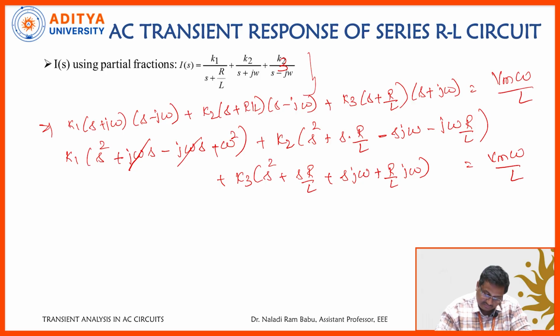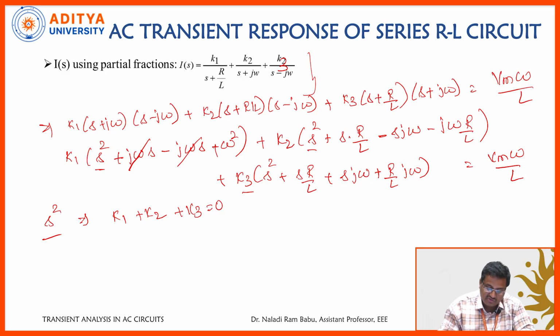Okay. Now, if I take the S square terms outside, from this one it is K1, from this one it is K2, and from this one it is K3. K1 plus K2 plus K3 equal to 0.